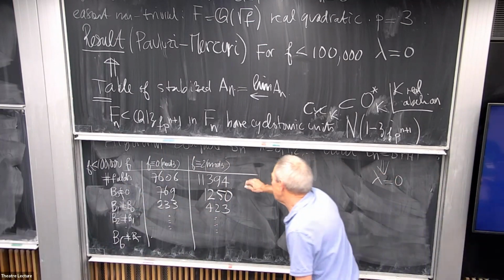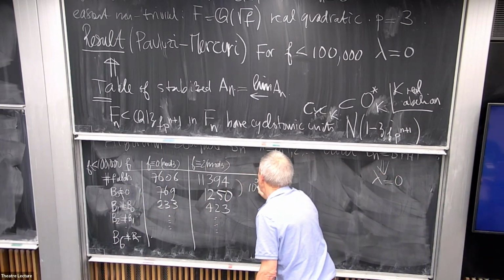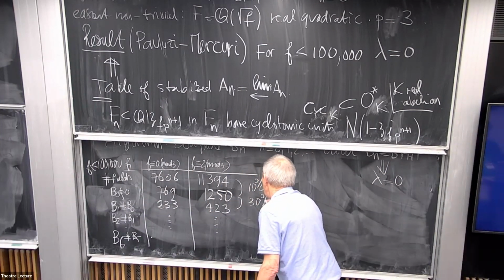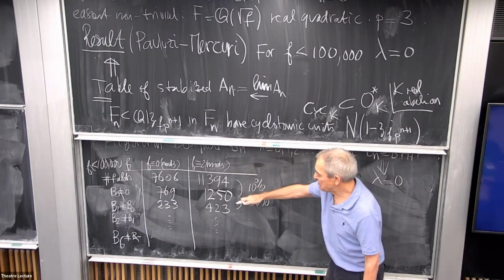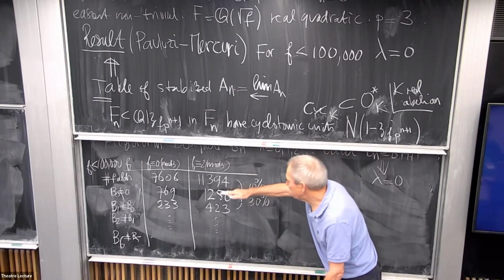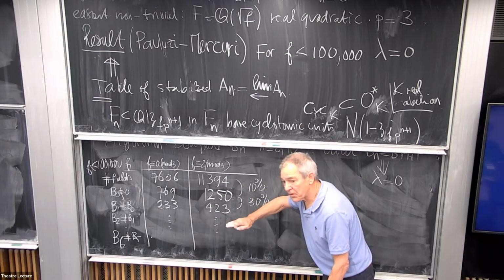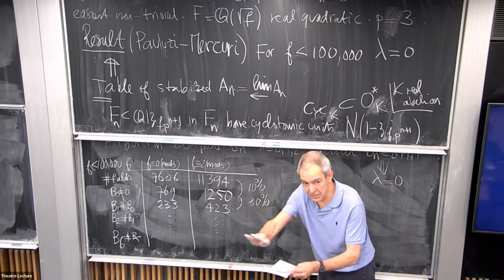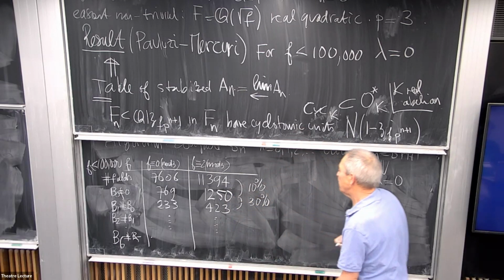If you look a little bit, this is about 10%, and this is about 30%. And that persists. Sometimes it's 35%, sometimes 25%, but it is roughly a third. So every time you lose 2/3 of the discriminants when you try to compute in the tower.